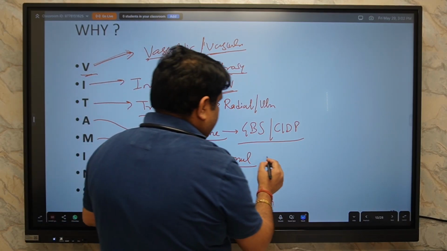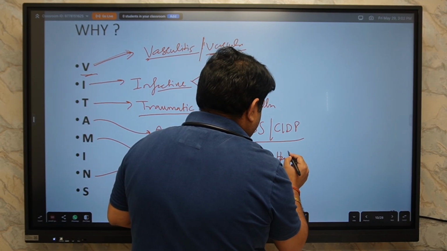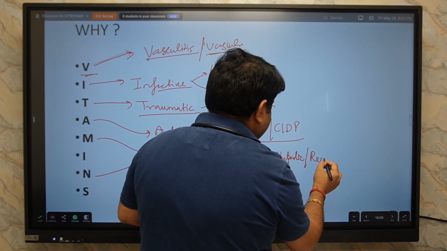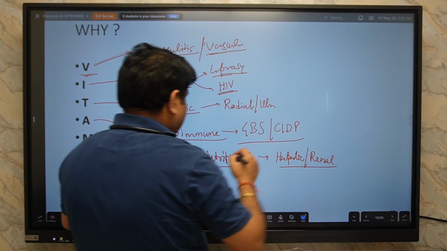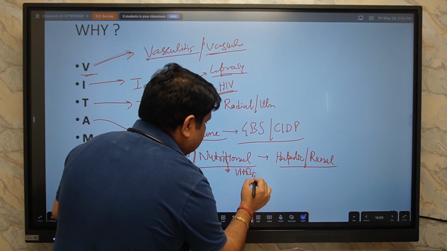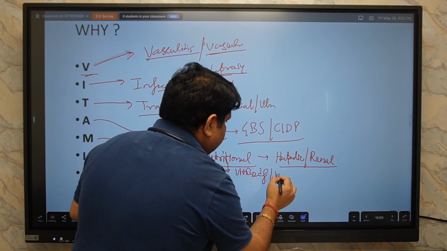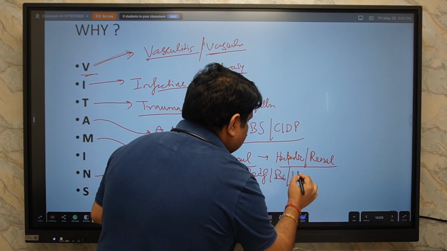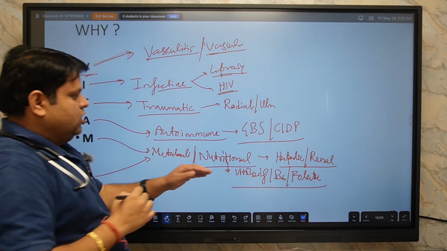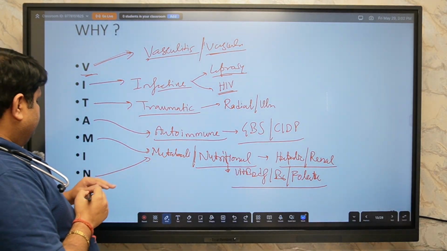In metabolic, there may be neuropathy in hepatic failure and renal failure. In nutritional, vitamin B12 deficiency, vitamin B6 deficiency, folate deficiency. These all may be the cause of the neuropathy.